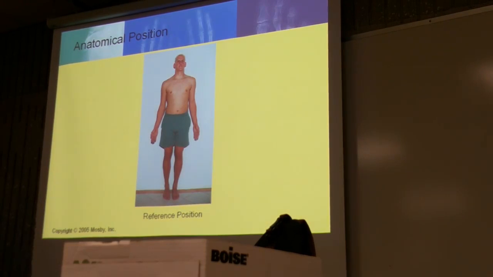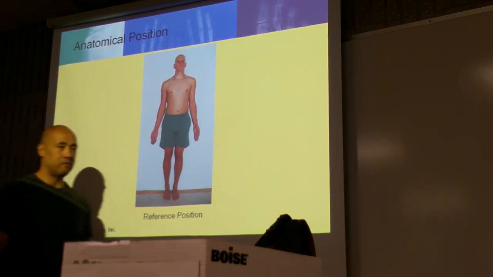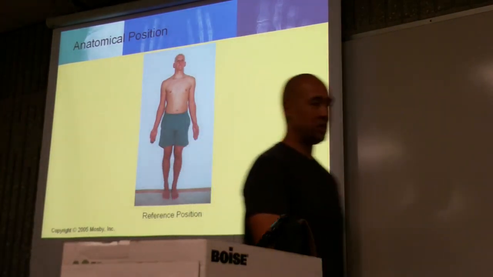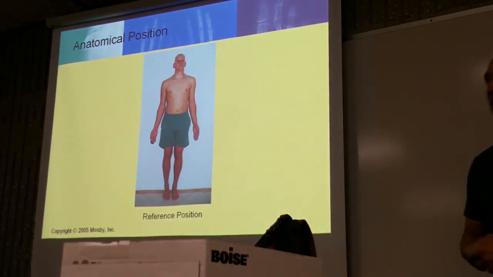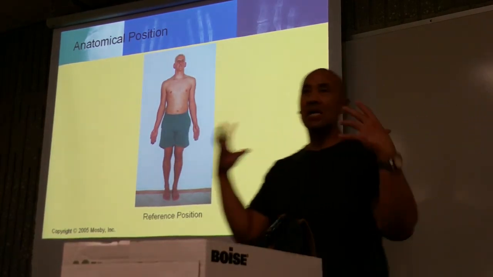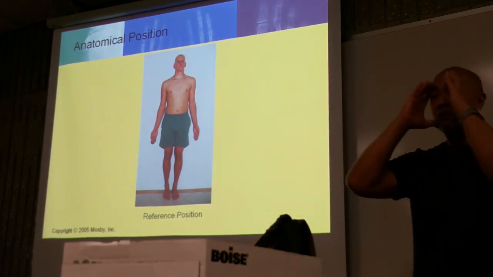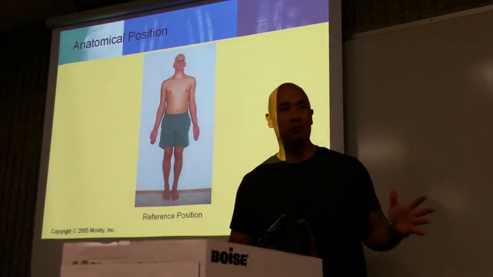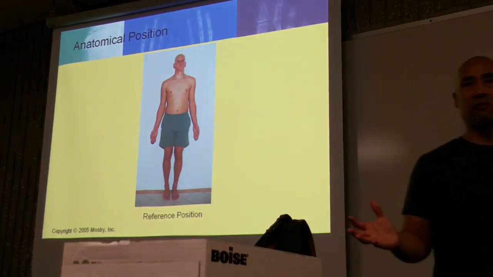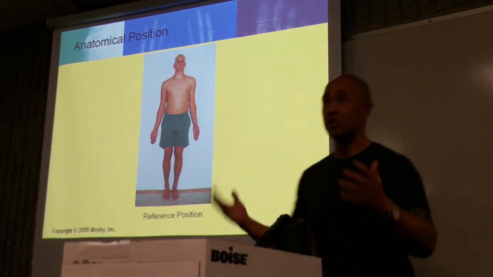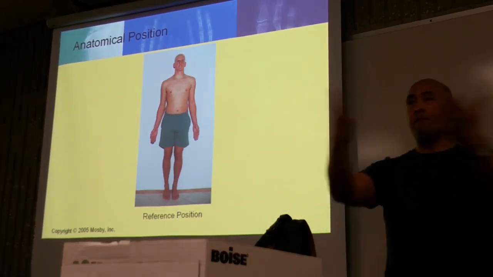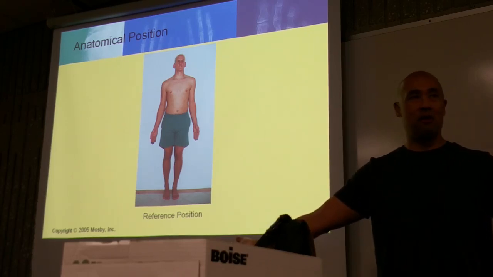All right, the anatomical position. We need a point of reference when we are taking an X-ray exam and we're discussing positioning. You always have to place your patient in an anatomical position as a point of reference. And an anatomical position is you facing forward, palm facing forward.